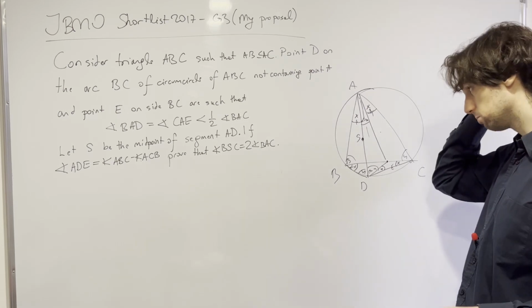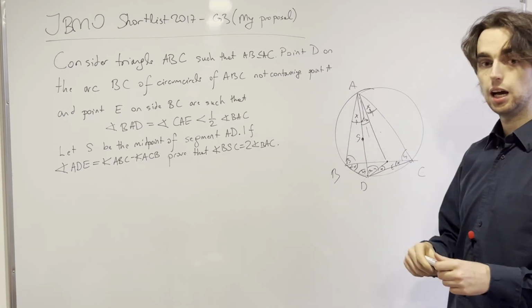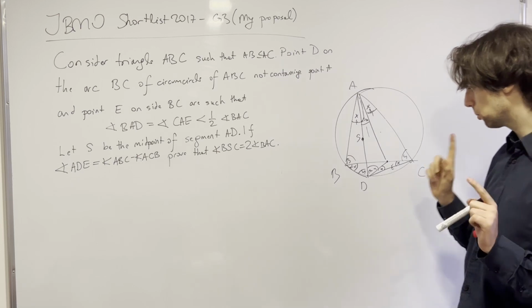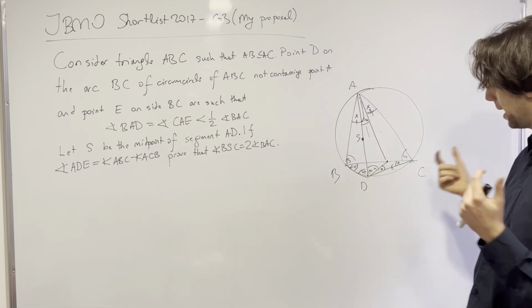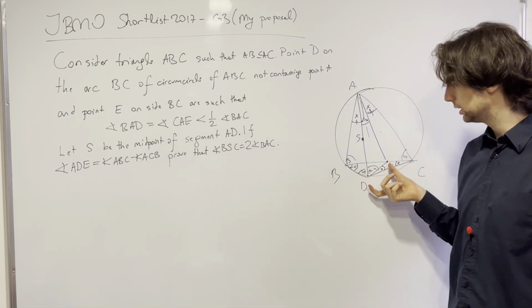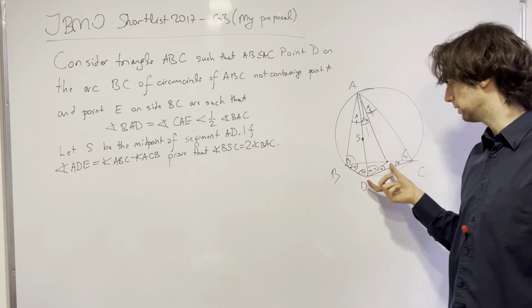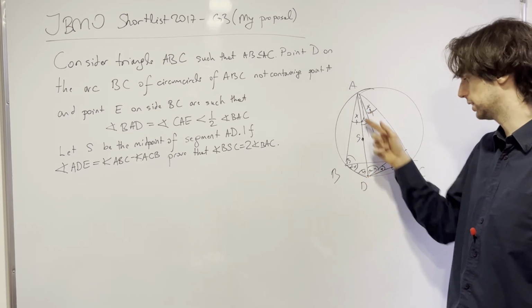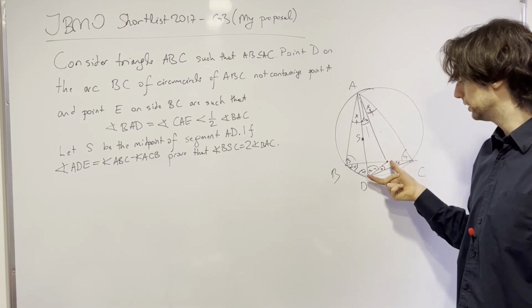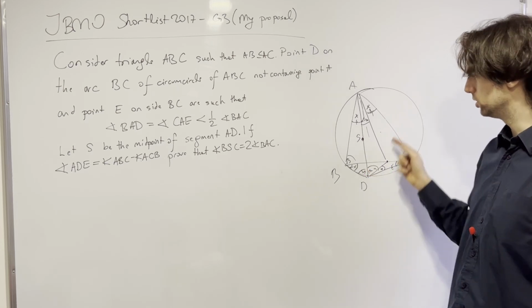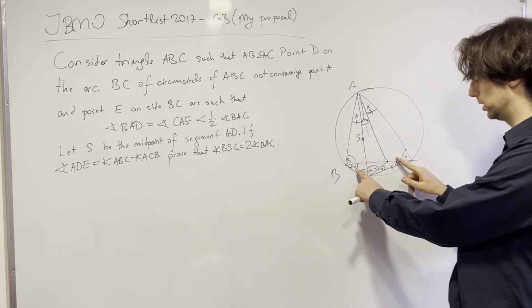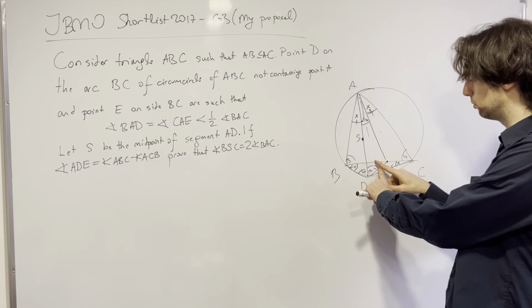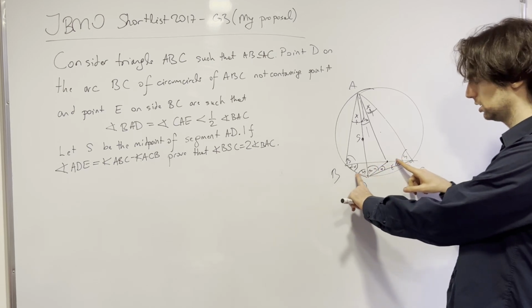So with these couple of ideas, I also actually have one more idea. The other one is how many pairs of points D and E could actually satisfy this relationship, such that this is a fixed angle and these two are equal. What happens when E and D are moving from here to this?